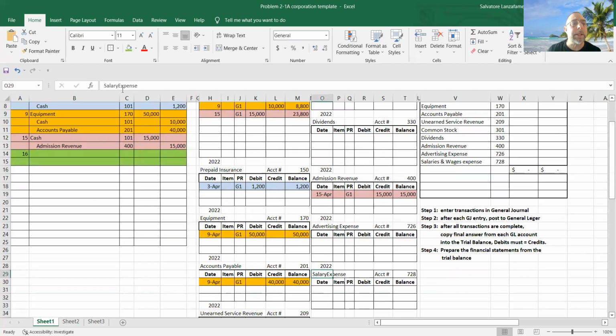And as you can see here, they call it salary expense. It could be salary and wages expense. It could be payroll expense. Who knows? So you have to only use the accounts that are given. So in this case, we will use salary expense, and we will credit cash. And let's say the salaries were $8 grand.